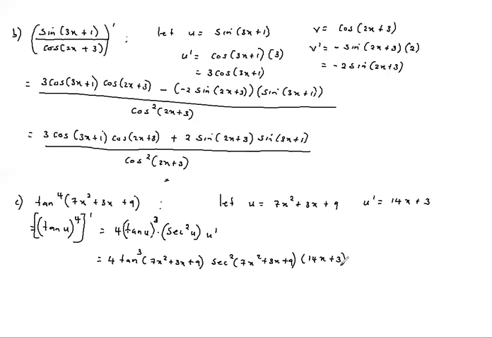If you have the energy, you can write this as 4 multiplied by 14x plus 3 and then tan cubed of 7x squared plus 3x plus 9 and then sec squared 7x squared plus 3x plus 9. That's how you differentiate such functions. So that was total chain rule.